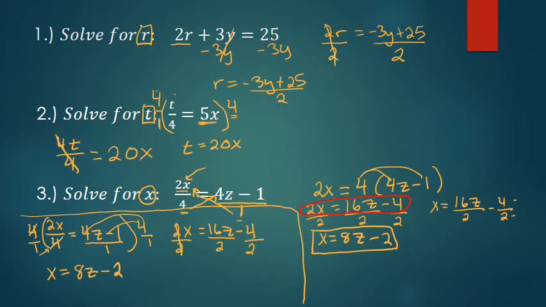So you can do a single denominator, but if that denominator goes evenly into each term that you're dividing by, you want to go ahead and do this format where you're dividing each term individually to make sure that you reduce your answer correctly. But x equals 8z minus 2 is your final answer on number 3.